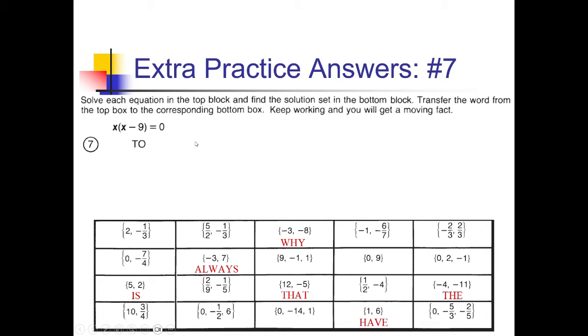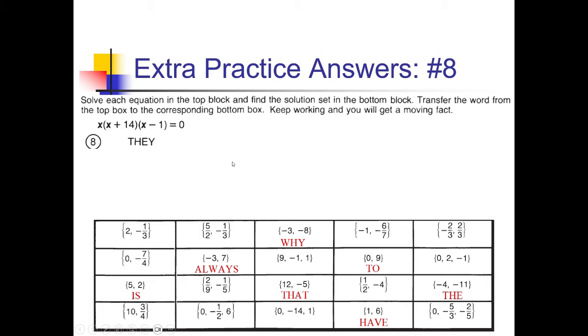Setting the first factor equal to 0 literally just involves writing x equals 0, which already solves that equation. No sooner stated than solved. And then x minus 9 equals 0 as well. So adding 9 there gives me 9 for that answer. So 0 and 9, I see that right down there. That's going to be the word to.